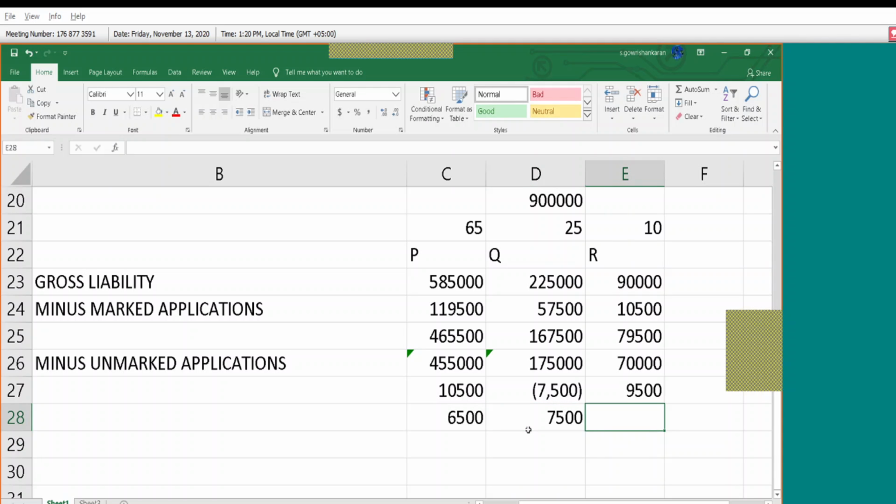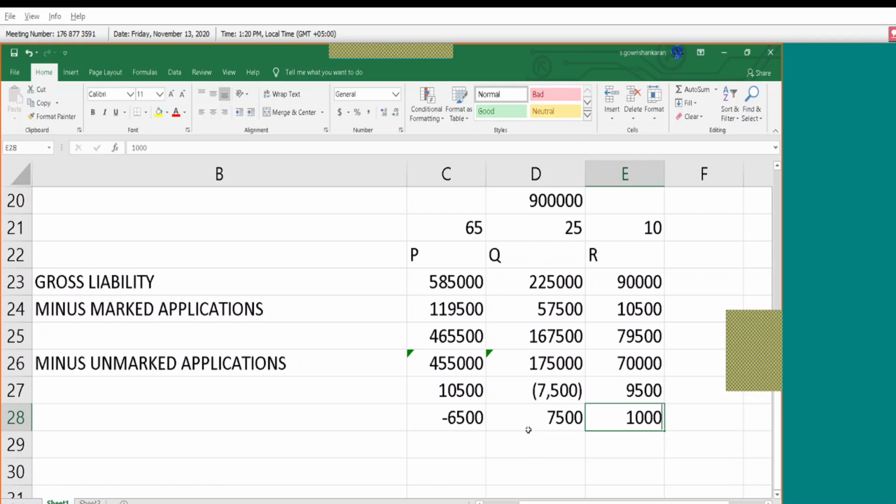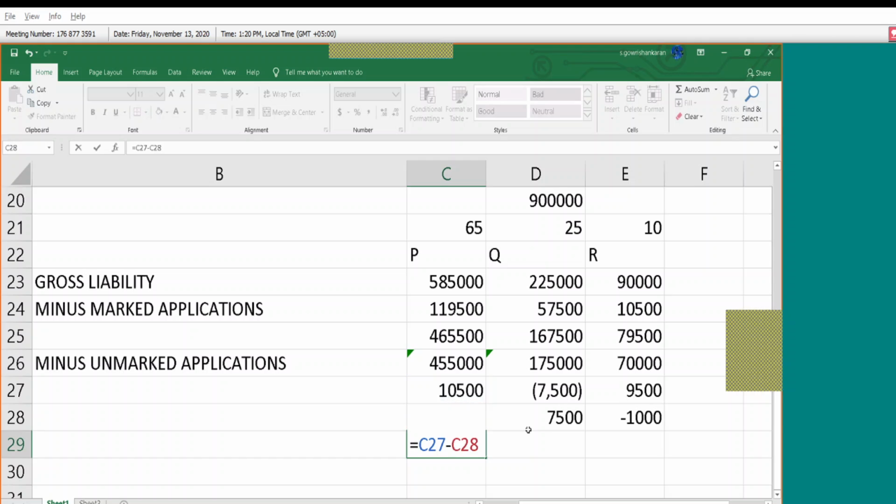Here balance 1,000. This is in negative. So 10,500 minus 6,500.